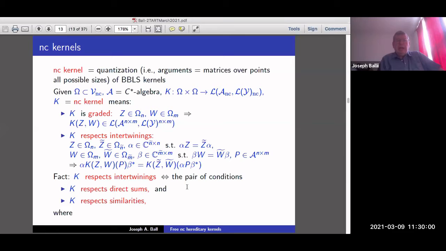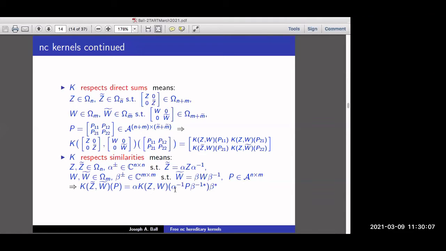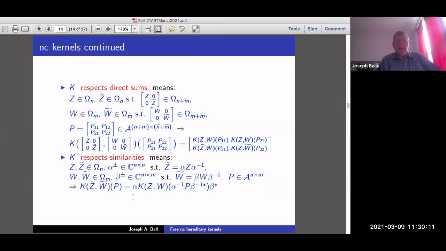And then again, respects intertwinings is equivalent to a pair of conditions, respects direct sums and respects similarities, which is all this mess, which you aren't going to absorb immediately the first time you see it.